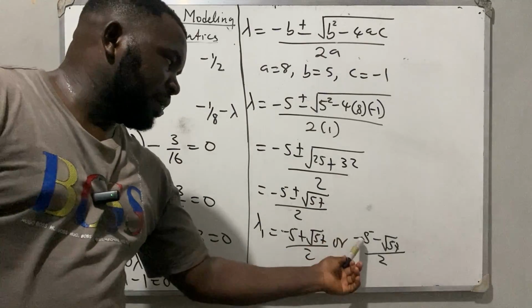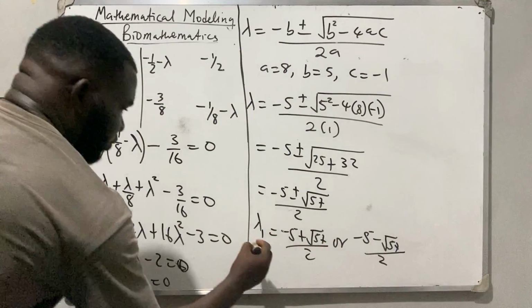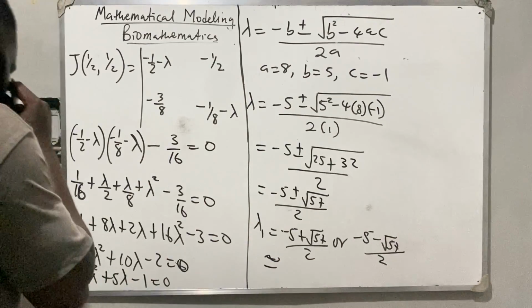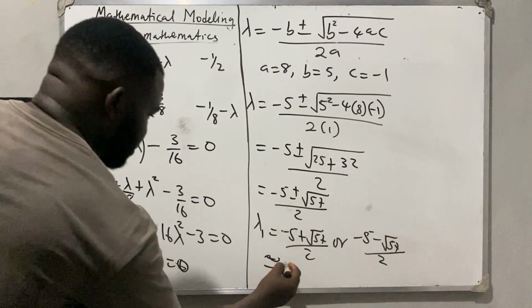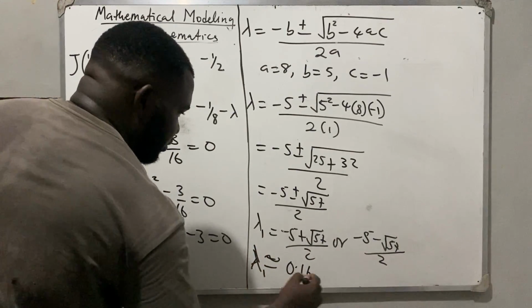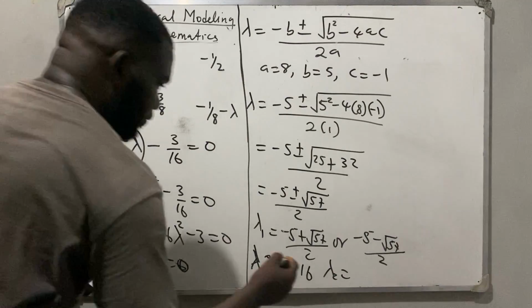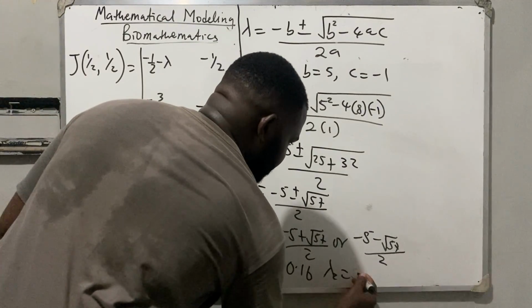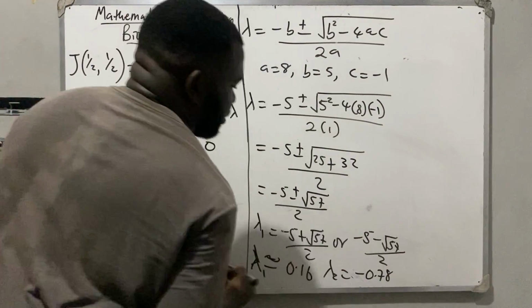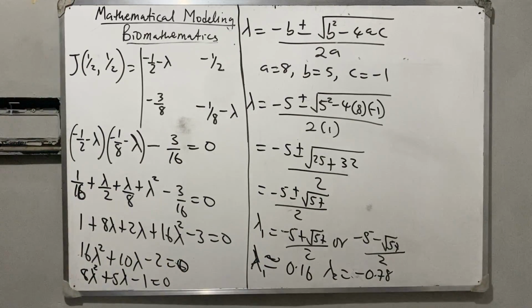If you work this, you are going to get approximately 0.16 for lambda 1. But for lambda 2, you're going to get approximately minus 0.78. So you tell them that since one of them is positive and the other one is negative, it is a saddle point.